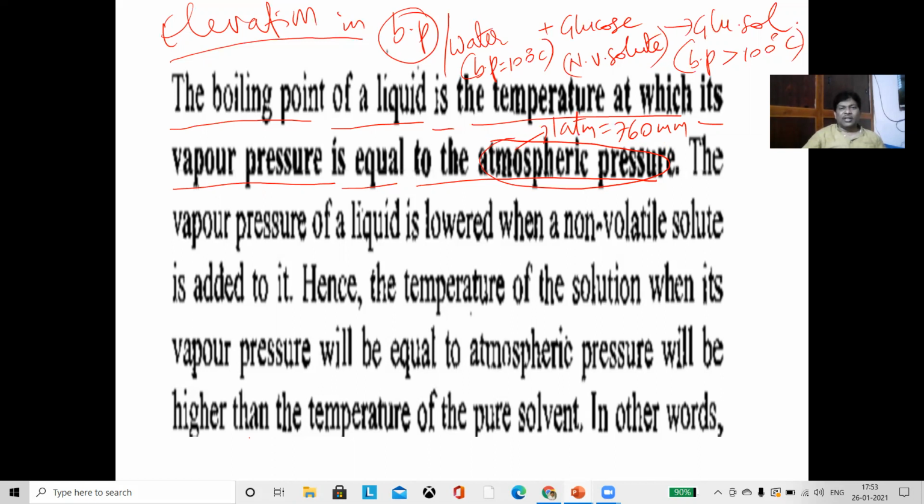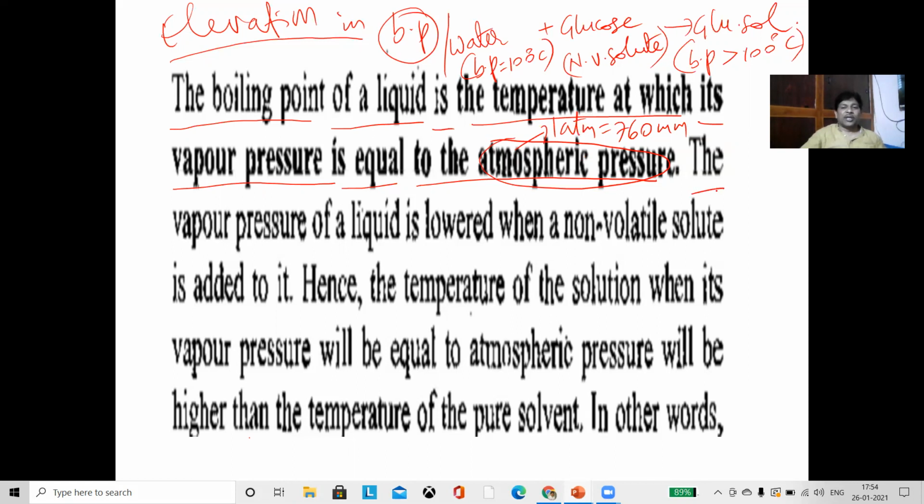When we heat the water, what happens? The water absorbs heat energy, and on increasing temperature, the vapor pressure of water goes on increasing. When the vapor pressure of water becomes equal to 760 mm of mercury, that is, whenever the vapor pressure of the liquid becomes equal to 1 atm or 760 mm, the liquid starts boiling. The liquid starts what? Boiling. And that temperature is called what? Boiling temperature.